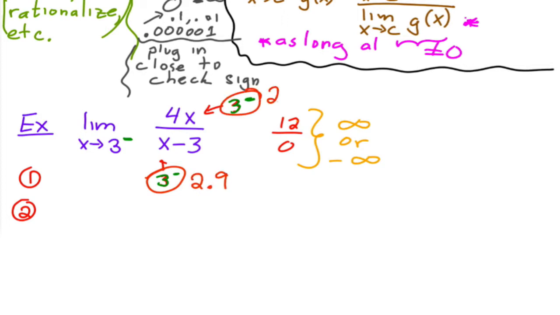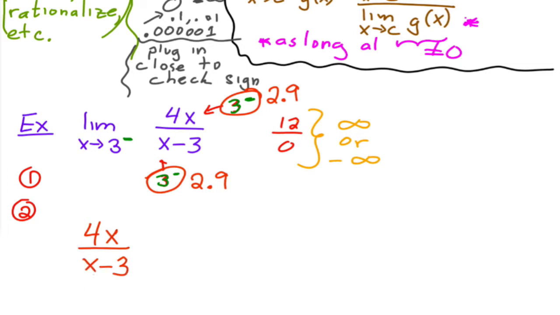What you're looking for is not what the number is, but what the sign is going to be, because you already know it's going to infinity or negative infinity. All you need to check for now is the sign. So if you plug in, let me just write down 4x over x minus 3.